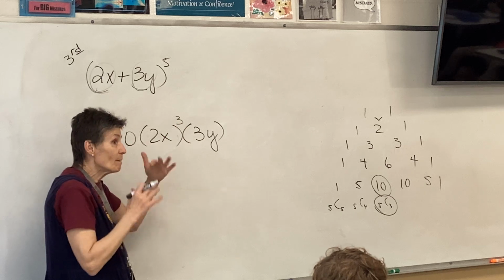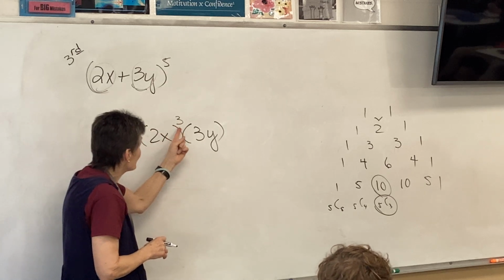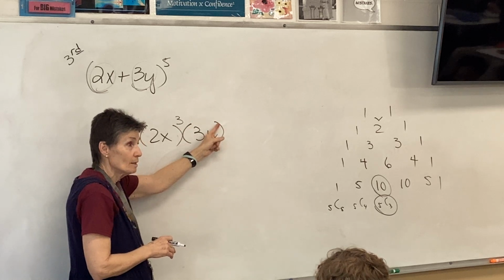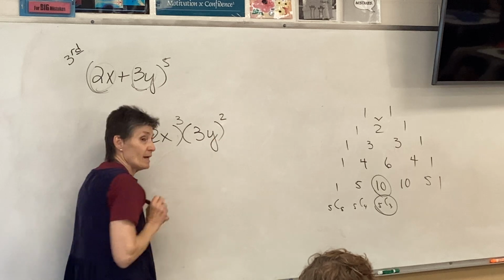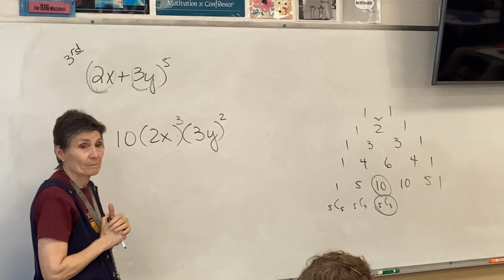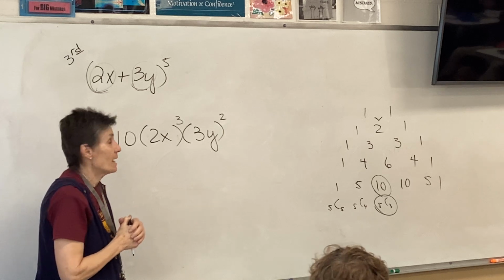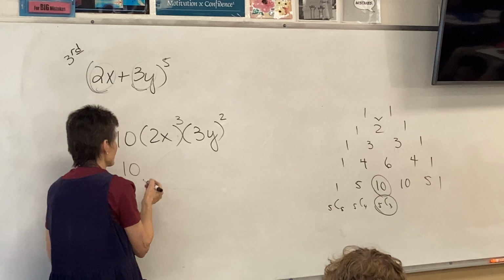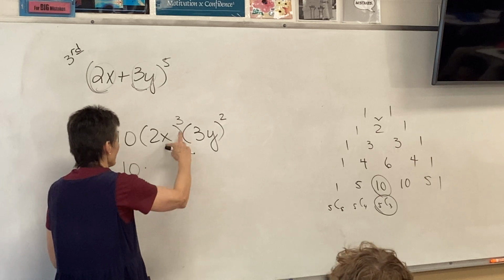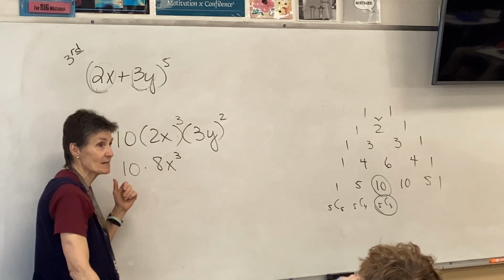And then I remember that since I'm going to the 5th power, these have to add up to 5. So once I put a 3 there, I know this one's going to be a 2. And then I simplify. And simplifying means multiplying all the numbers. So this is a 10, this is an 8x cubed, we talked about that yesterday.